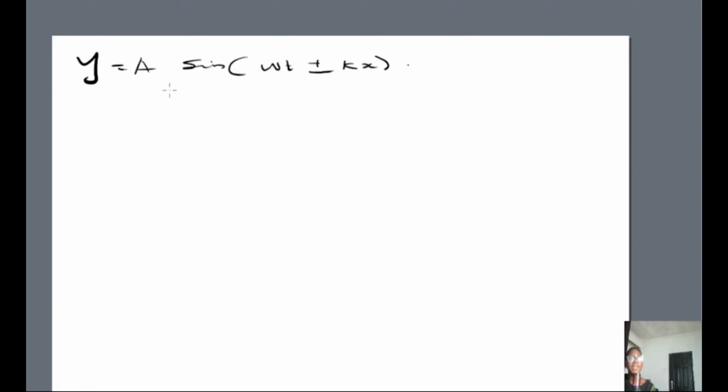So from here now we can get another formula, because we have that our w is equal to what? 2 pi f. I know we all know that formula. And our k is equal to 2 pi over lambda. So putting this into our equation, we have, the equation started with y is equal to A sin(wt plus or minus kx). But we can also put w as 2 pi f, and we can also put k as 2 pi over lambda. So our y would then become what?